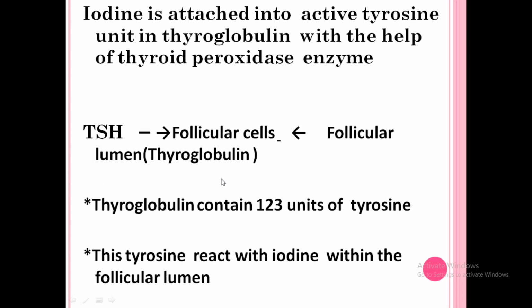Thyroglobulin is a protein which consists of 123 units of tyrosine, and this tyrosine reacts with iodine within the follicular lumen. Iodine is essential for the production of thyroid hormone, and it travels in blood as iodide, which is taken up into the follicular cells by a sodium iodide transporter. That's all about the production of thyroid hormone.